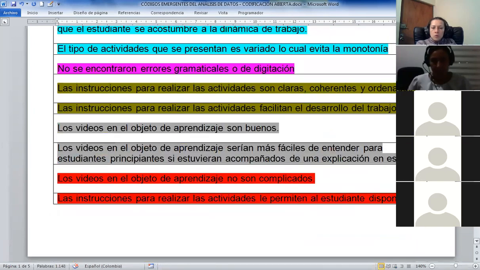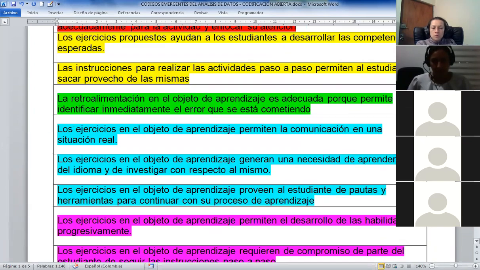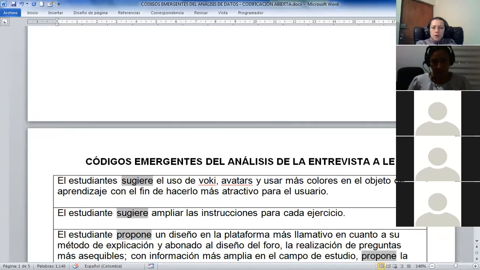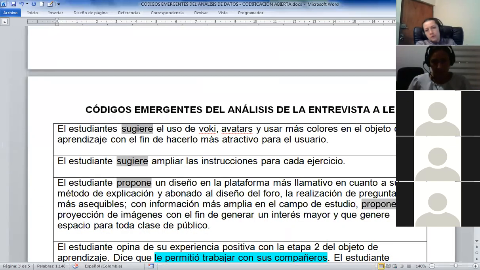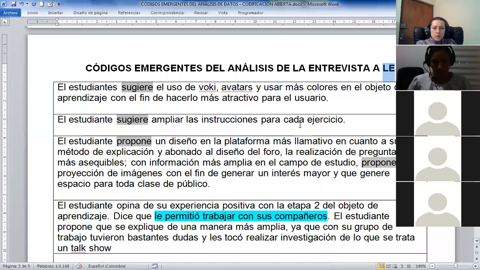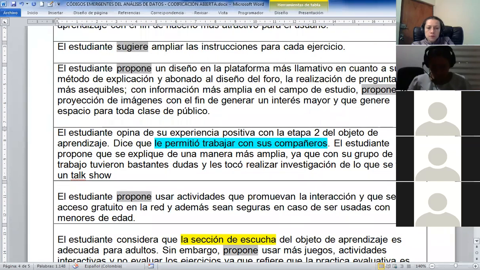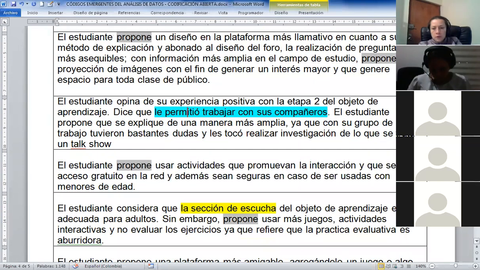So I need to go to the codes found in a different transcript. In this case, the transcript of the LE interview. And we have here suggestions, proposals. Here the student is giving an opinion about collaborative work that emerged from working with the learning object.